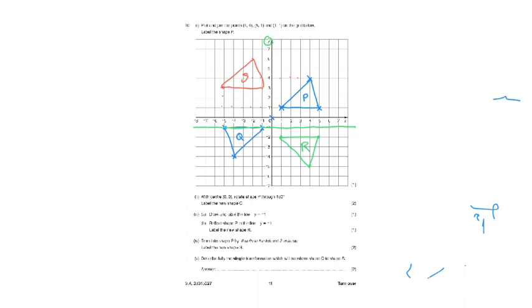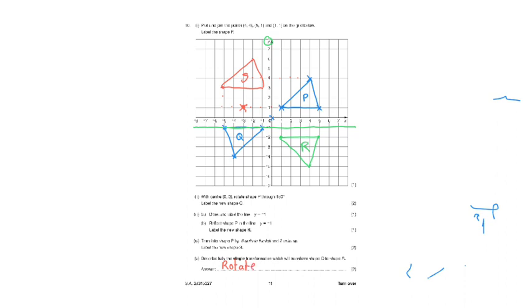Okay, there we go. Okay, now this tends to be the trickiest bit. Describe fully the single transformation which maps Q onto S. Now, without some tracing paper, this is a bit more difficult, but I think that looks like a rotation. It looks fairly symmetrical about this point here.